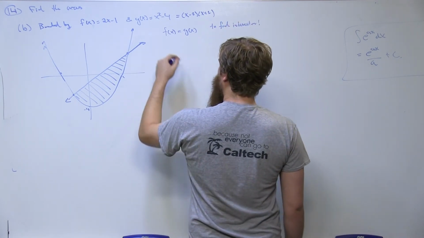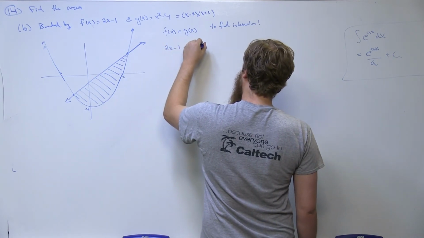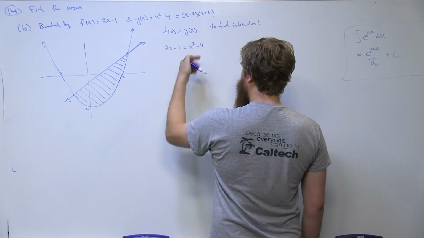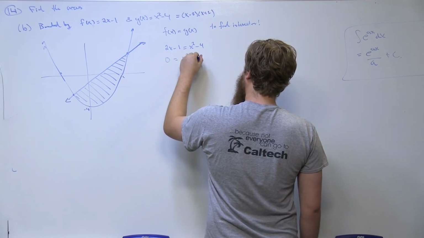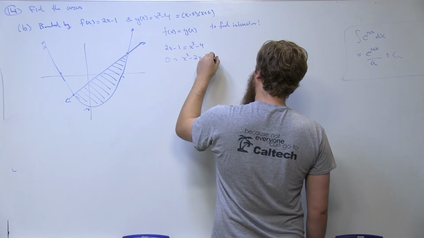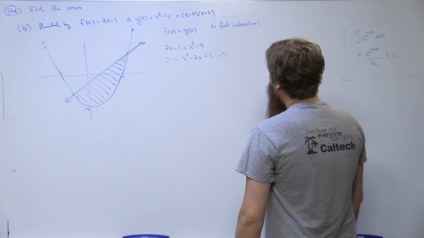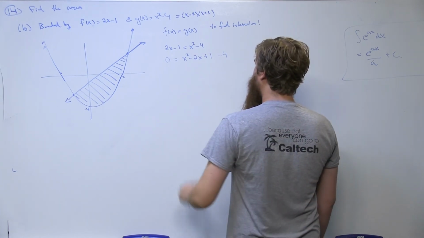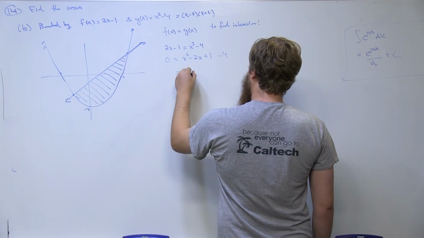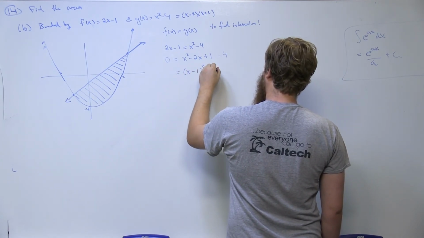Okay, we're expecting two solutions, but we've got 2x minus 1 equals x squared minus 4. We can pull a bunch of stuff to this side, so I'll have 0 equals x squared minus 2x plus 1 minus 4. I wrote it that way because that's suggestive of completing the square. So this is x minus 1 squared minus 4.